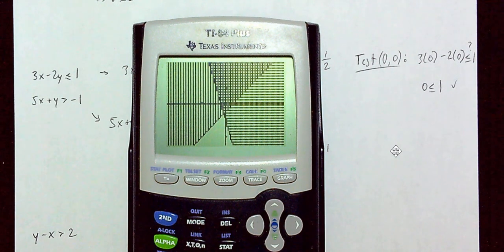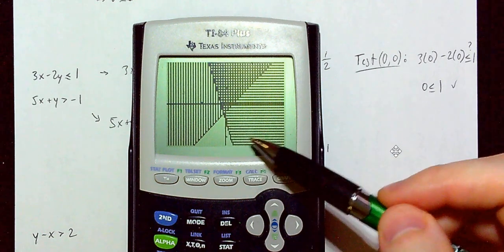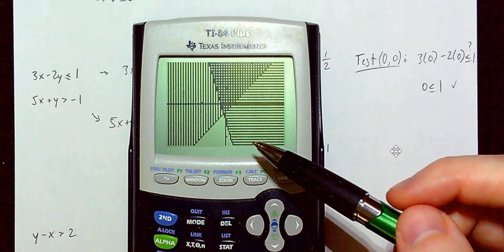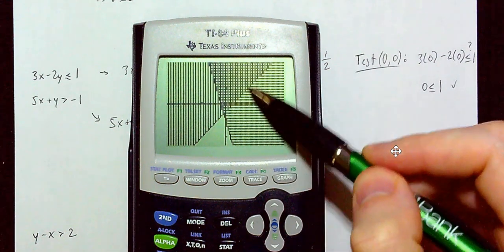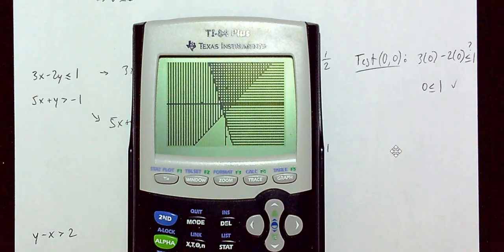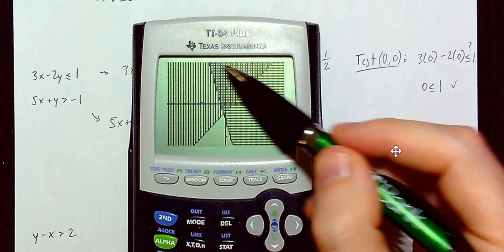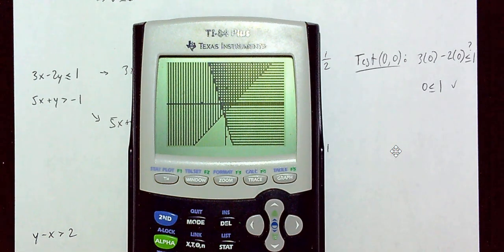In terms of this xy plane and things being shaded in, where are the shadings being overlapped? They overlap in this triangular shaped region there. So that area right there, that's where we have all of our solutions to this system of inequalities.